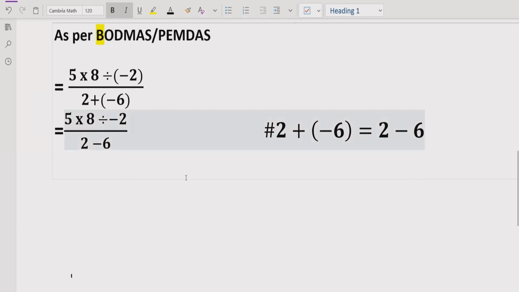So now we will solve the multiplication first. In the expression, we can solve division and multiplication, and both have the same precedence.